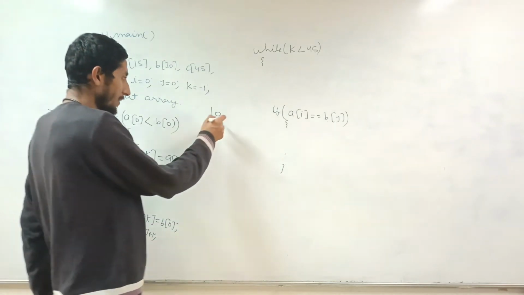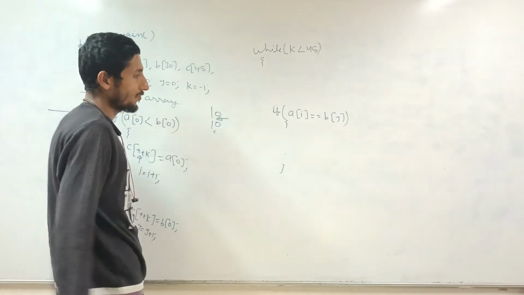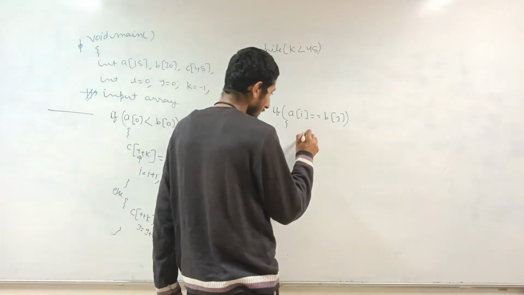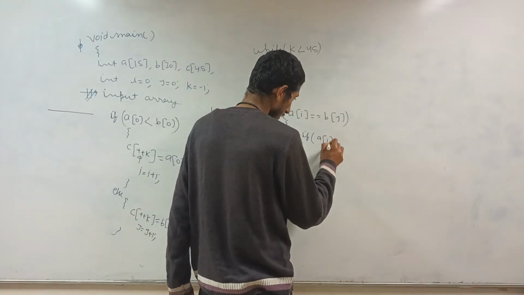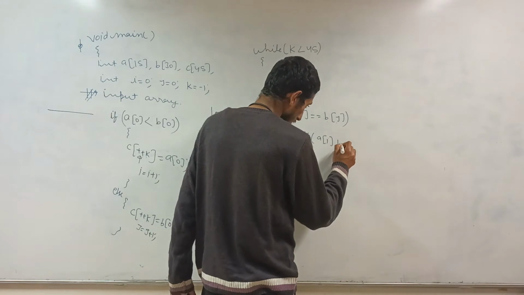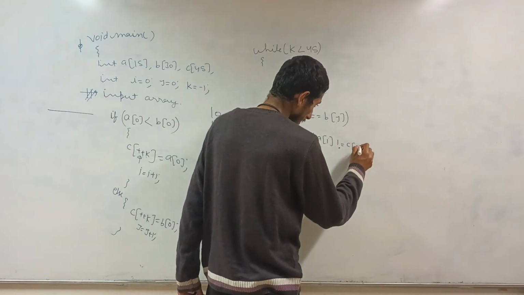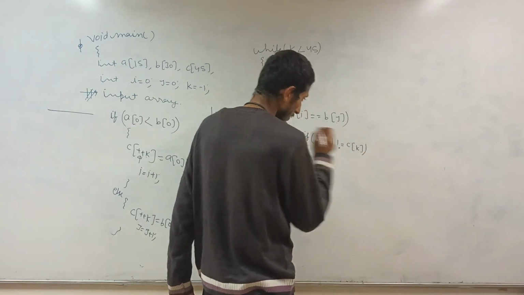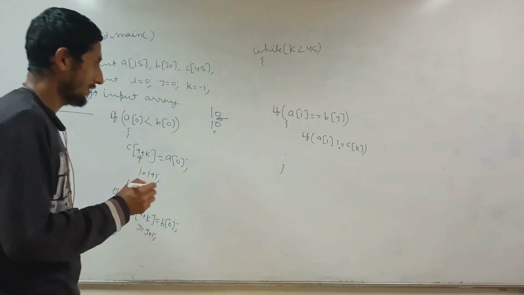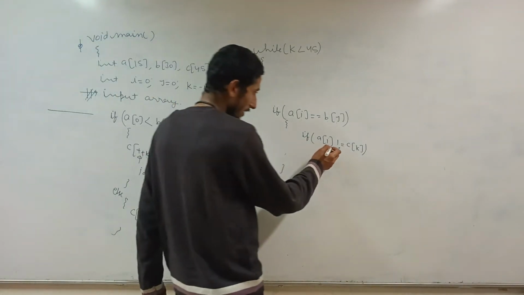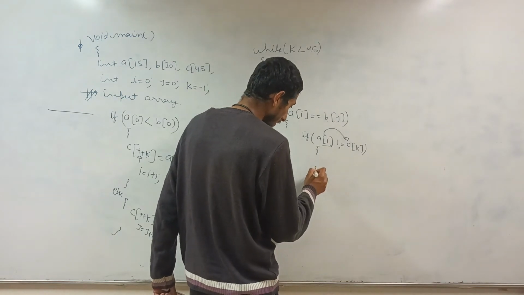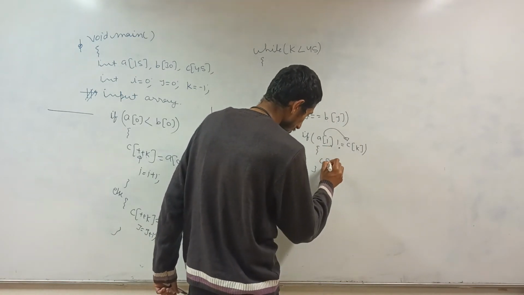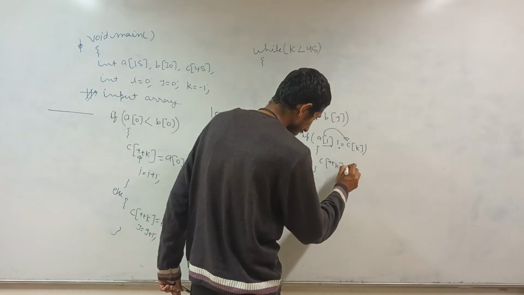If it is already present, you are not supposed to copy. So if A of i not equal to C of k, what is the meaning of this? I am checking with the previous one. If this element is not previously present, then I will copy that: C of ++k equals A of i.